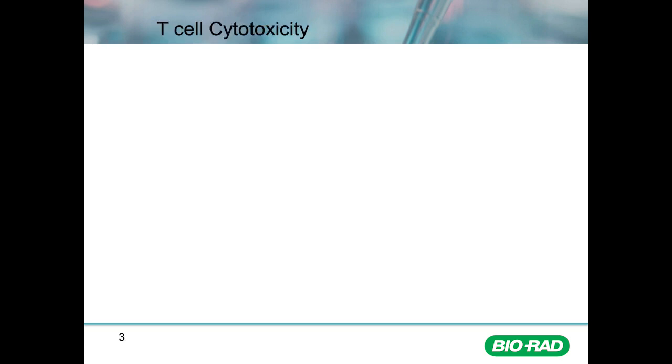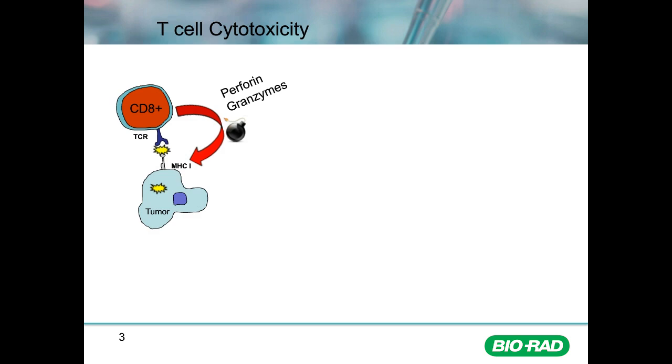Tumor-specific T-cells eliminate cancer cells via direct and indirect killing mechanisms. Signaling through the TCR, the cytotoxic T-cell can kill tumor cells directly via release of perforin and granzyme, as well as upregulation of Fas ligand to induce cellular death. CD8 cytotoxic T-cells directly kill cancer cells when the T-cell recognizes tumor antigen in the context of MHC class I molecules.